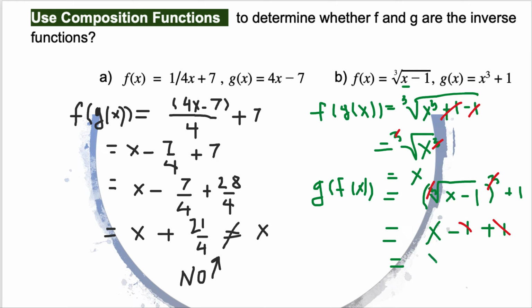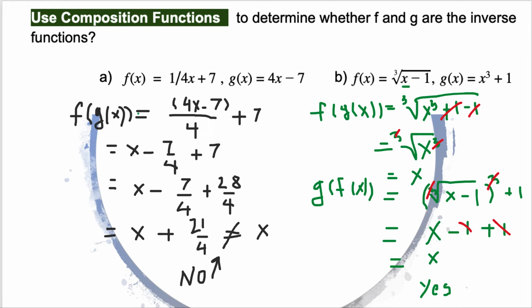So the second condition is satisfied. The function f of x is the inverse function of g of x, but also g of x is the inverse function of f of x. So those functions are inverses of each other. But in example A, it wasn't true.